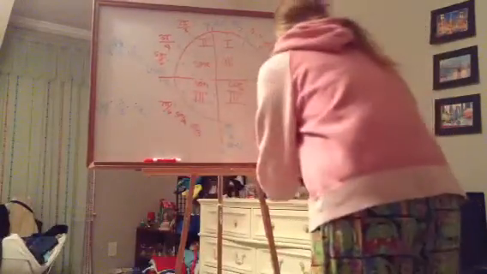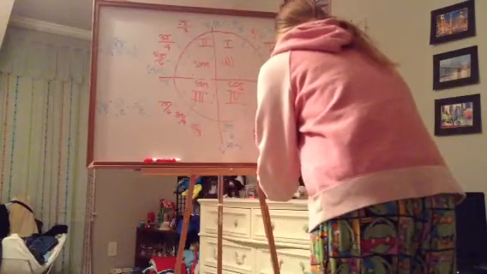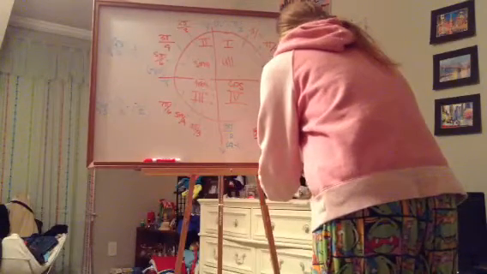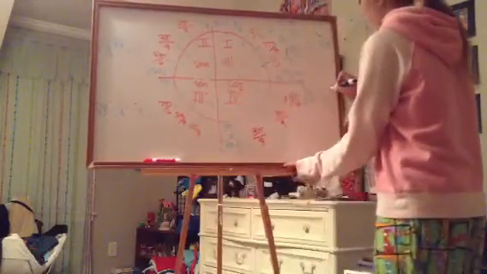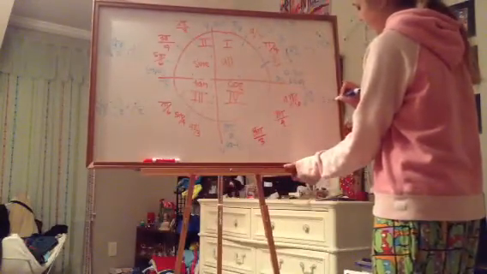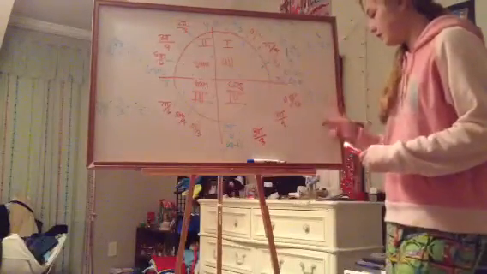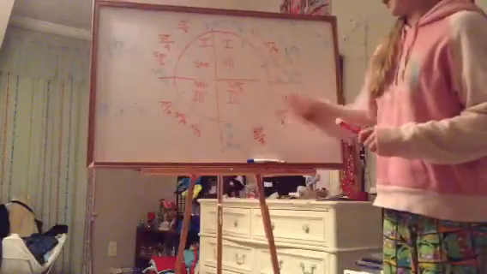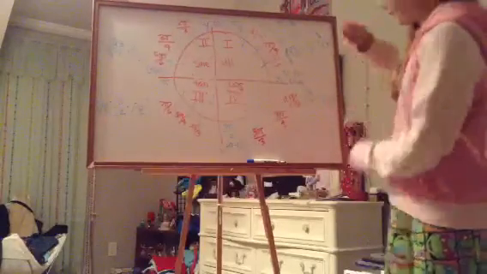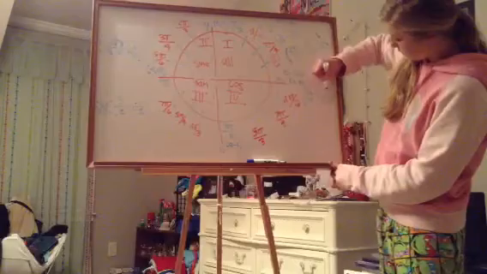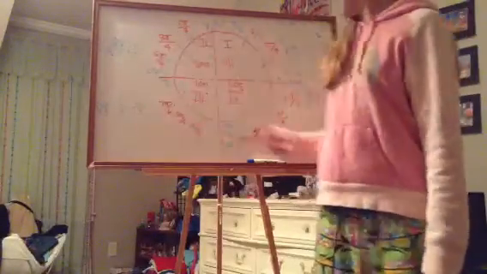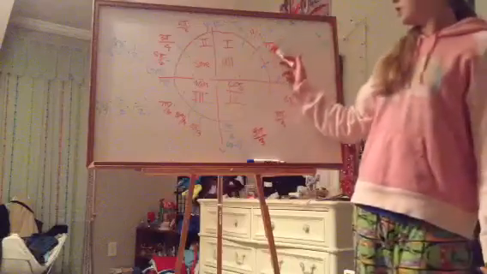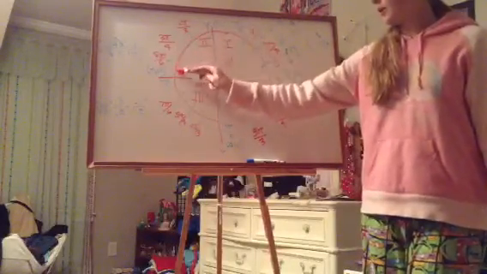Root 3 over 2, 1 over 2, comma, 1 over root 3. Only function that is positive in this quadrant, cosine. That's going to be this buddy right here. So this one's going to be negative, this one's going to be negative. It's going to follow the same pattern of the positives and the negatives for each point on here.